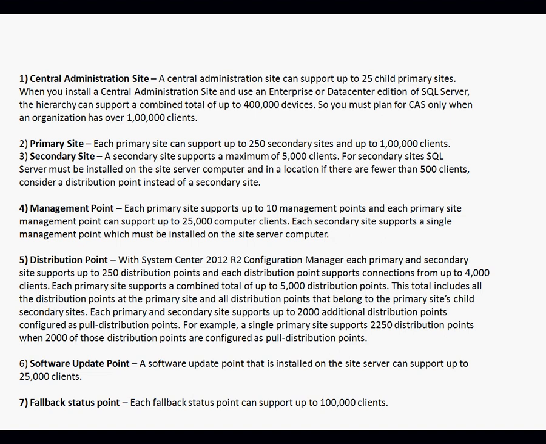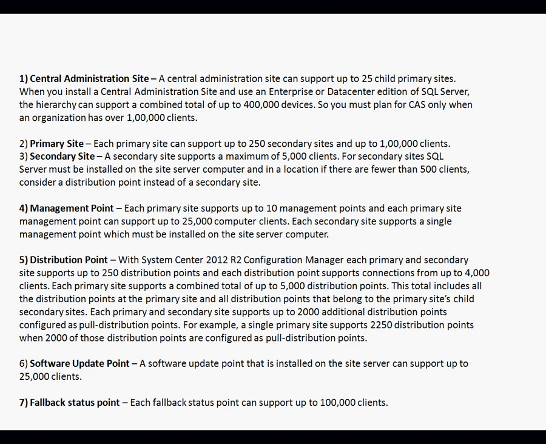So the central administration site comes into the picture when you have more than 100,000 devices and more than one primary site. Then you have the primary site. A primary site is capable of handling 100,000 devices all over the globe. One primary site can manage 100,000 devices.